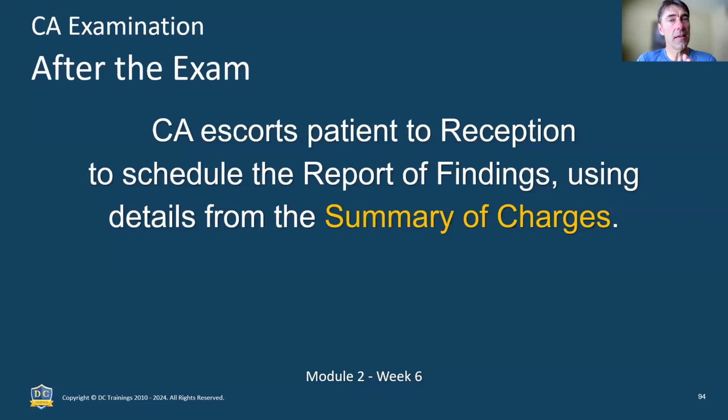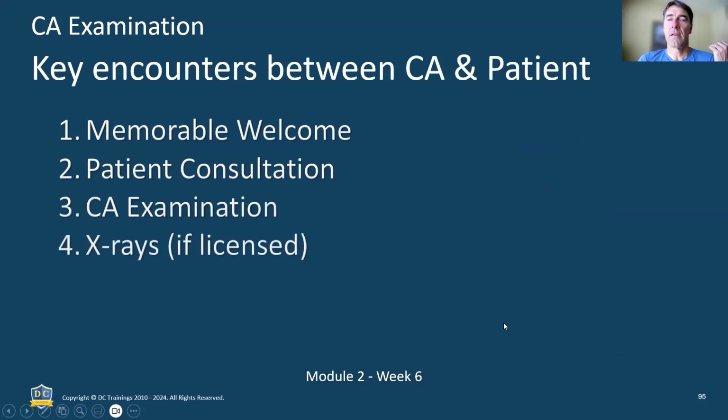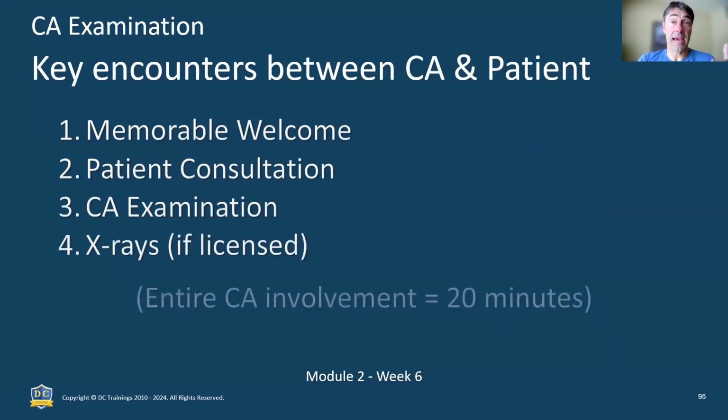If you're not clear on how to use the summary of charges, which, as I mentioned, is one of the top 5 or 6 forms in all of DC trainings, it's that important, go back and watch the webinar from last week. Once that's done, the CA at the front desk will schedule the patient for the report of findings, and the exam CA goes back to doing what they're doing with the new patients.